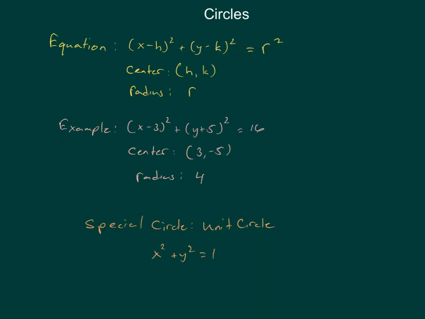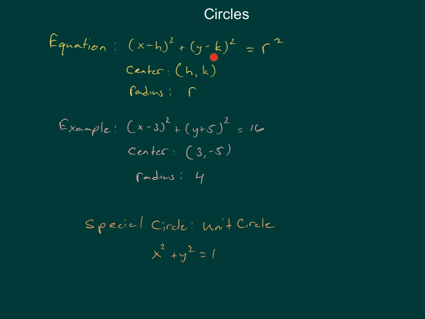Last thing we're looking at here is the equation for a circle. The standard form for the equation of a circle is (x - h) squared plus (y - k) squared equals r squared. The center is always the coordinates (h, k). So whatever h and k are, that's going to be the center. The radius of the circle is equal to r. I have an example here of (x - 3) squared plus (y + 5) squared equals 16.